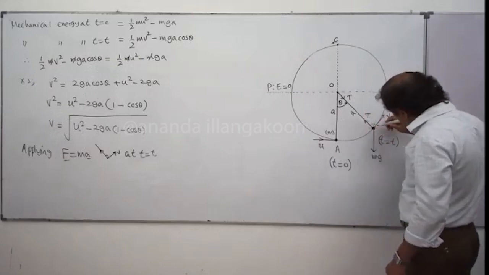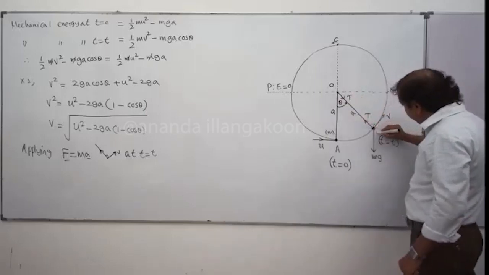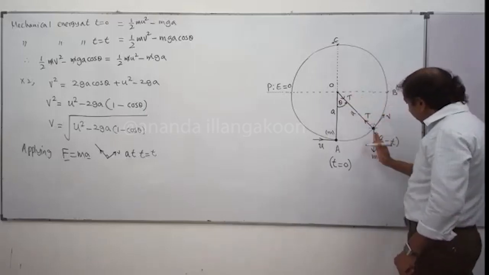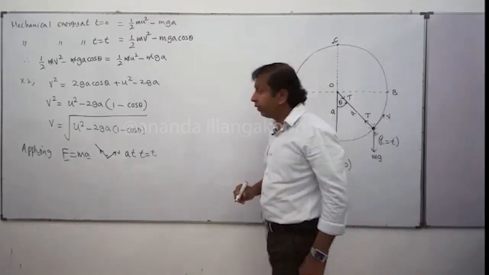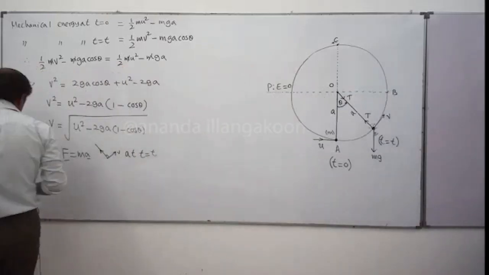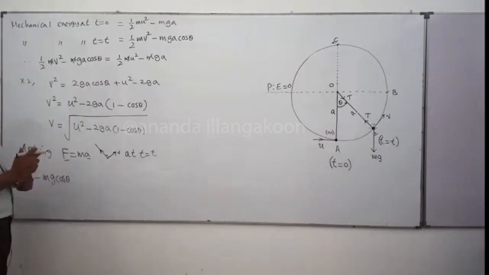T. When I produce this way, this angle is theta, therefore this is also theta. Then mg cos theta. Then the centripetal force is going to be T minus mg cos theta.